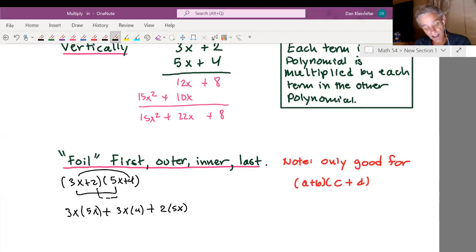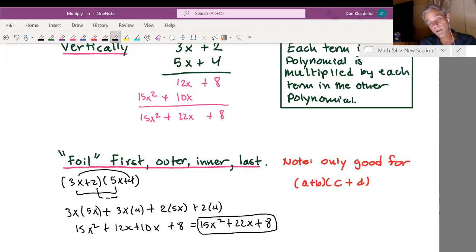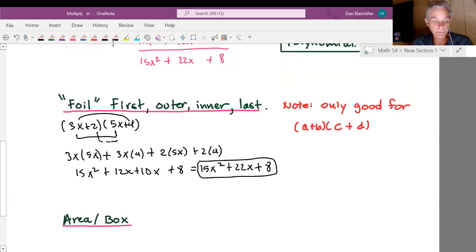And then for the last, finally, 2 times 4. So that'll give us the same result. It's, again, just another way of organizing the work. And the key idea is that each term in the first polynomial needs to end up multiplied by each term in the other polynomial.